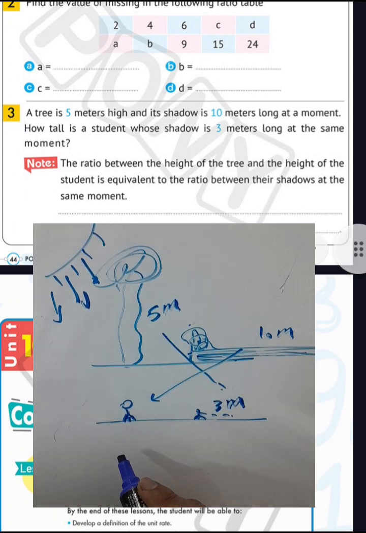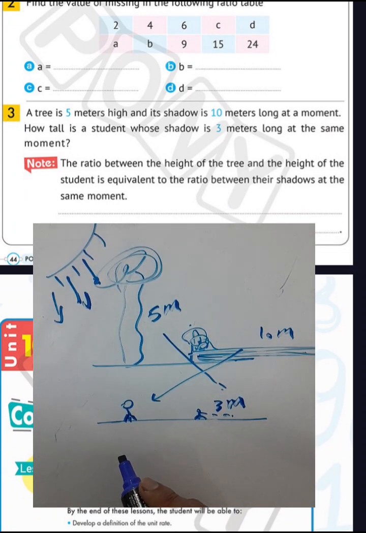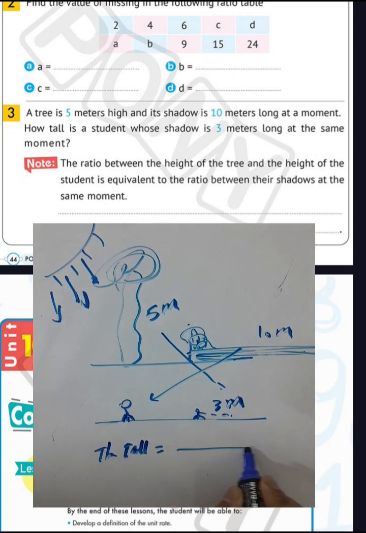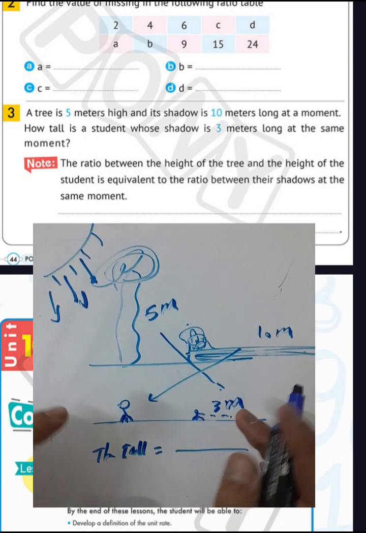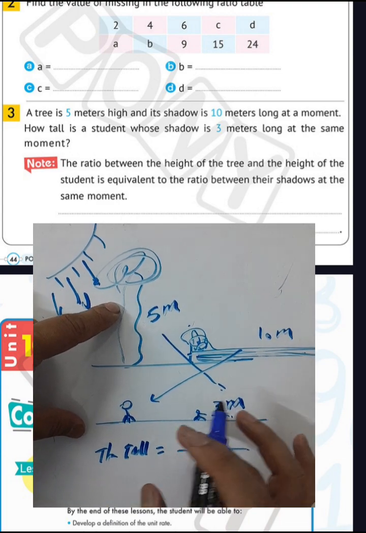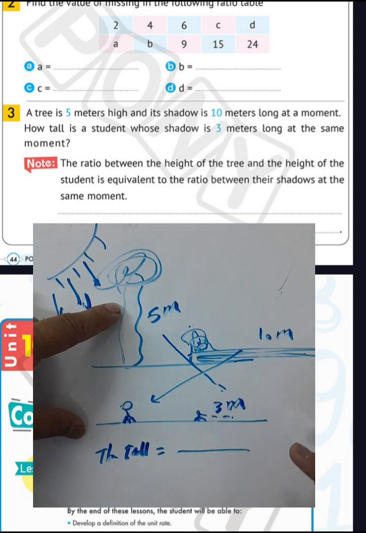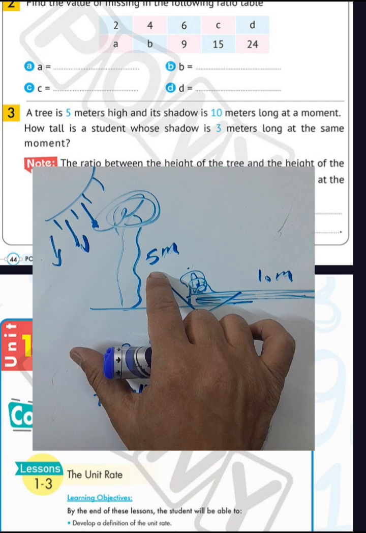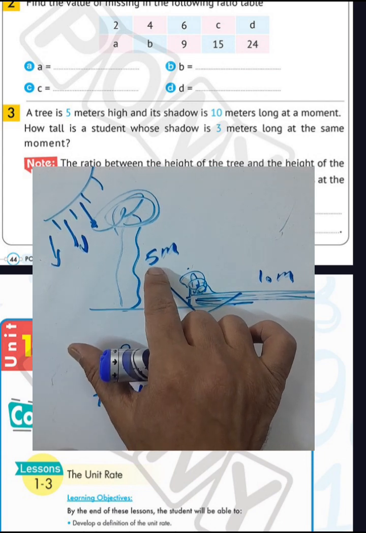We can find how tall the student is. We can find the height because we have equivalent ratios. We have here 5 and 10. The shadow is 10 and the tree's height is 5.